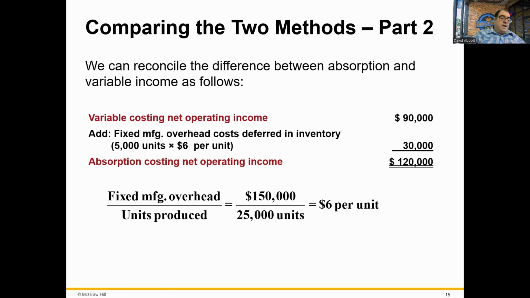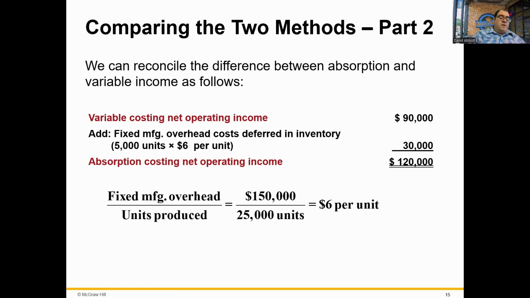And then extended comparisons of income data. So again, two other assumptions and facts about the Harvey Company: they're going to have 30,000 units sold in year 2. The selling price per unit, the variable costs per unit, the total fixed cost, and the number of products produced are going to remain unchanged.